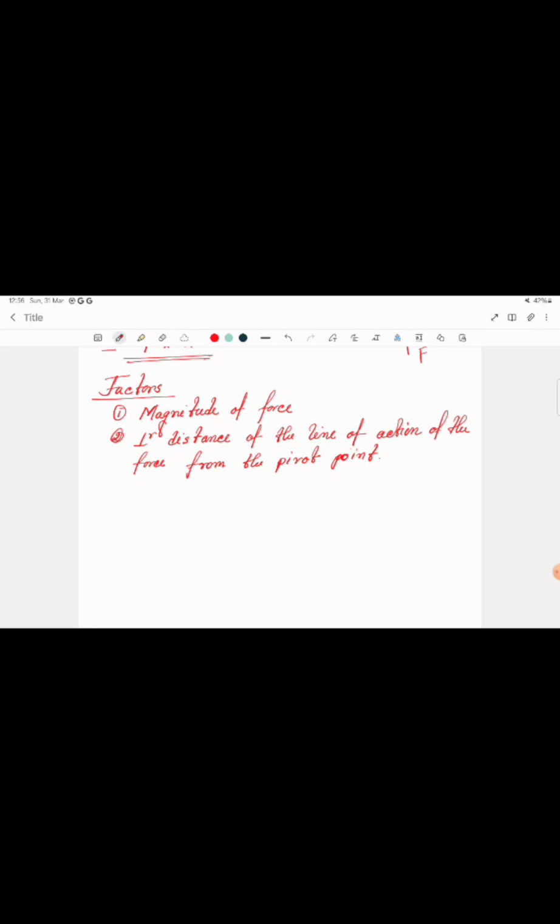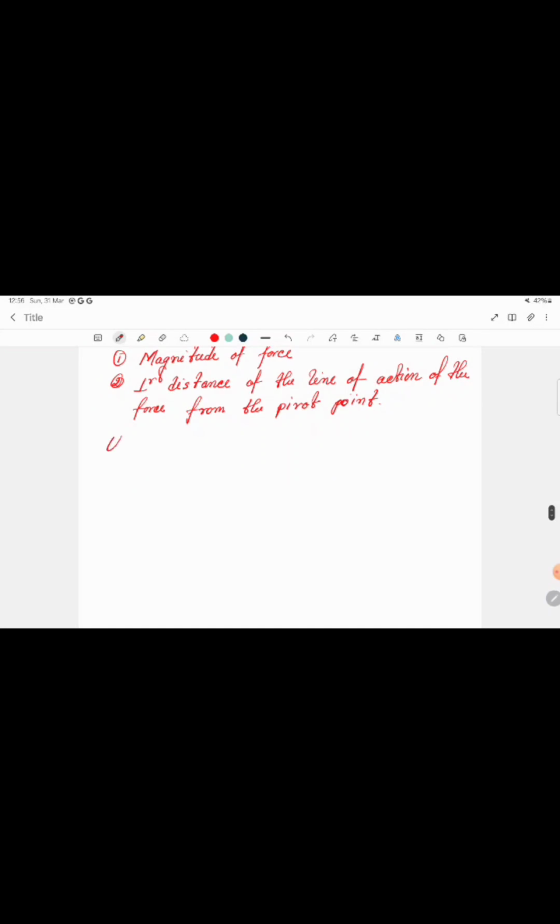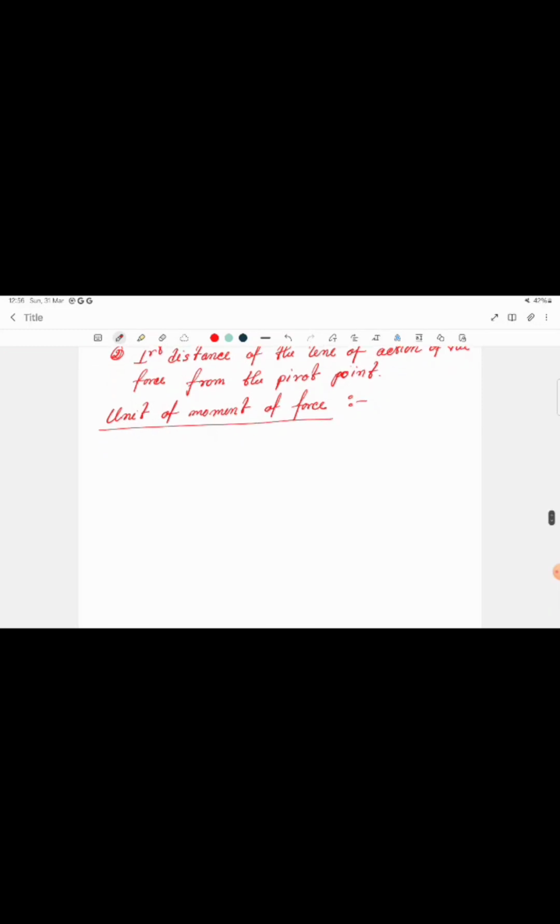Now we have to calculate the unit of moment of force. We have seen that moment means force into the perpendicular distance.